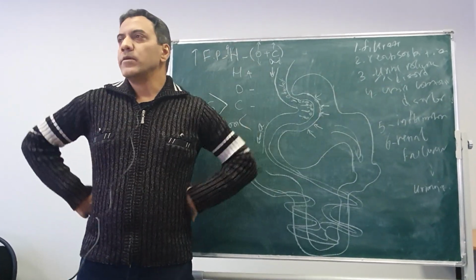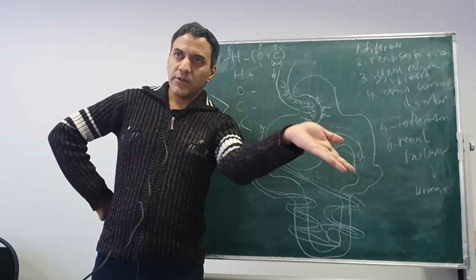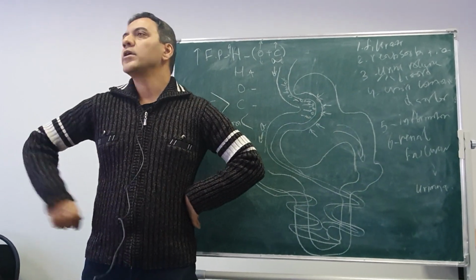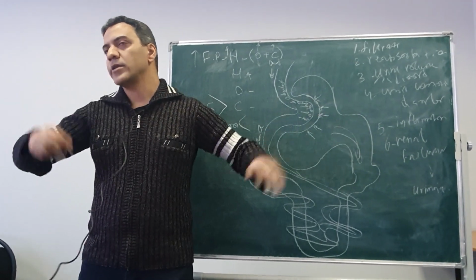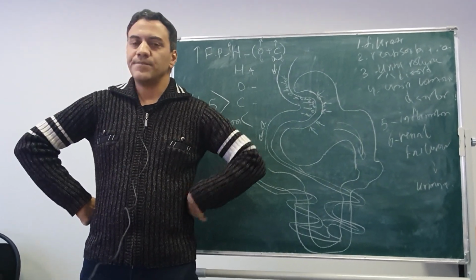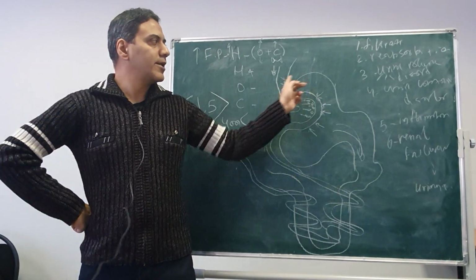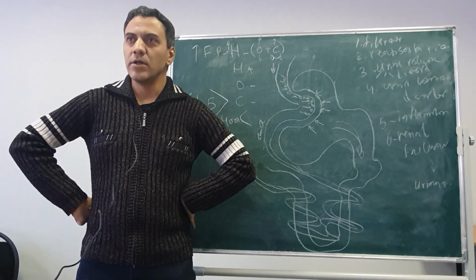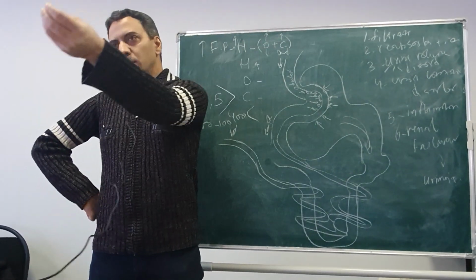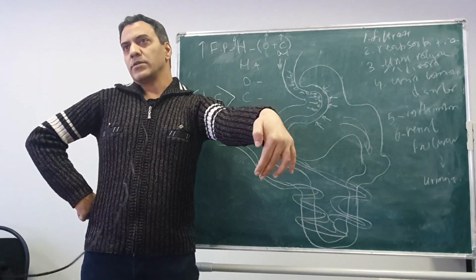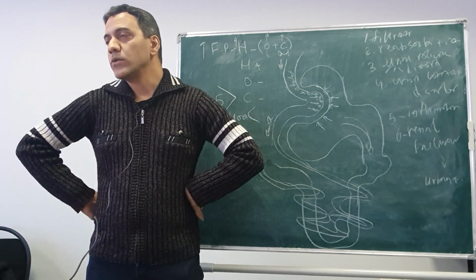Other content problem, blood in the urine, hematuria. Hematuria also could be renal and extrarenal. Renal, due to some disease, for example glomerulonephritis, when the filtration includes erythrocytes. We call this hematuria.